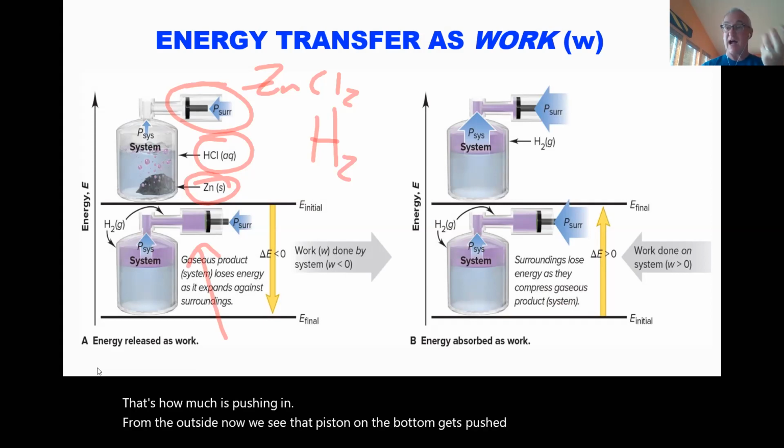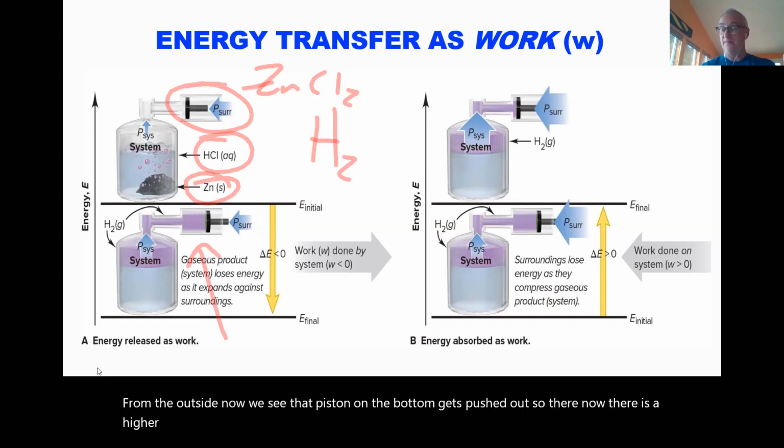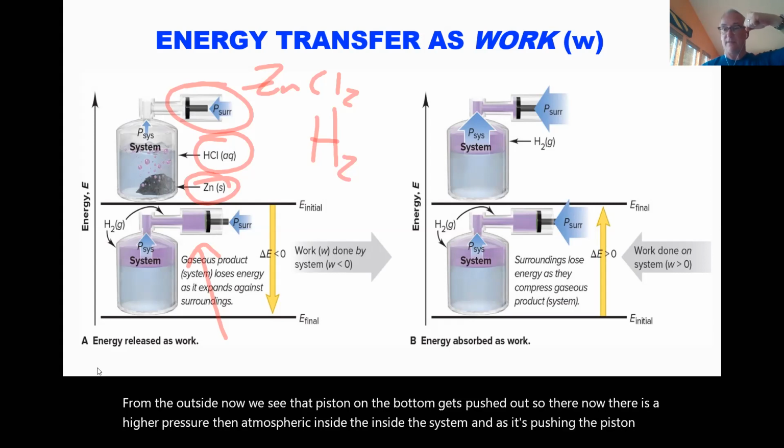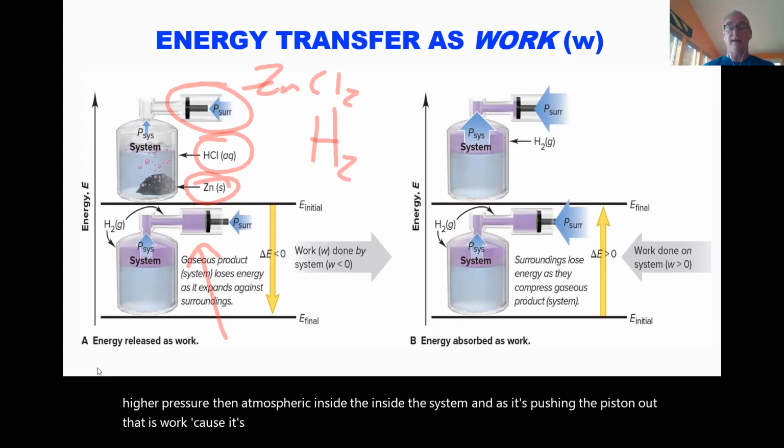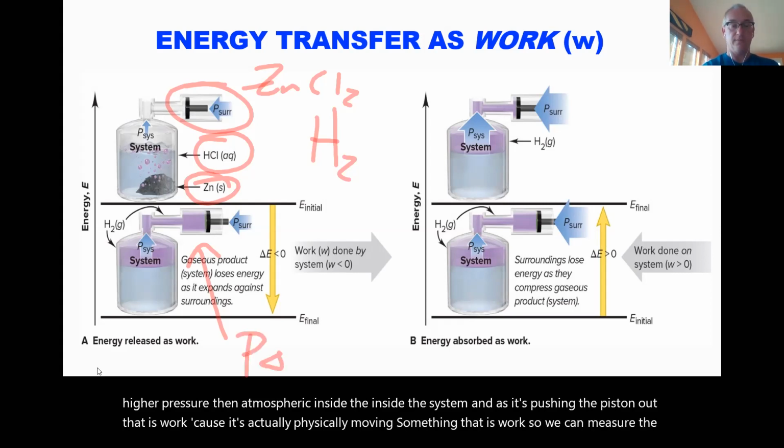So there is a higher pressure than atmospheric inside the system. And as it's pushing the piston out, that is work, because it's actually physically moving something. That is work. So we can measure the change in pressure and volume.